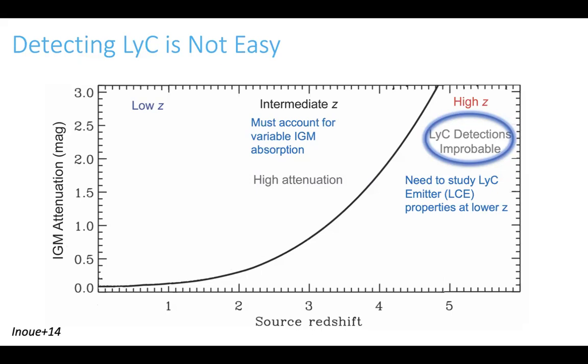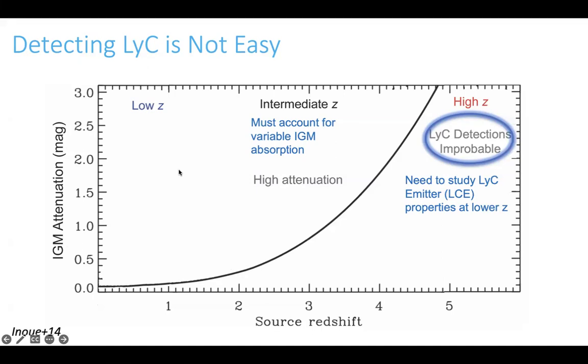And so we need to understand what regulates this process. We need to look at lower redshifts to try and identify Lyman continuum emitters there. There have been many efforts at intermediate redshifts, sort of the 2 to 4 range, that I don't have time to summarize here. Even there, you still have pretty high levels of IGM attenuation that you have to account for.